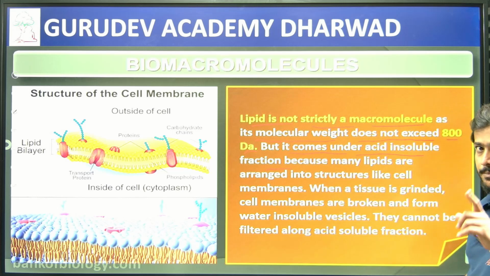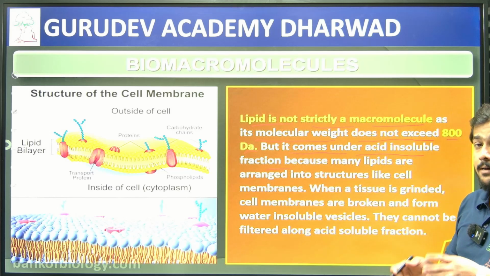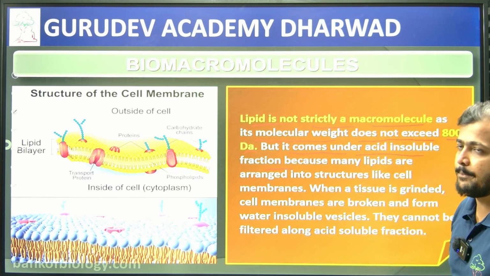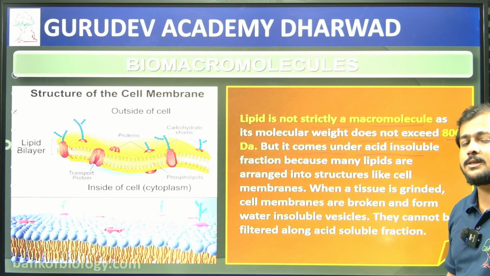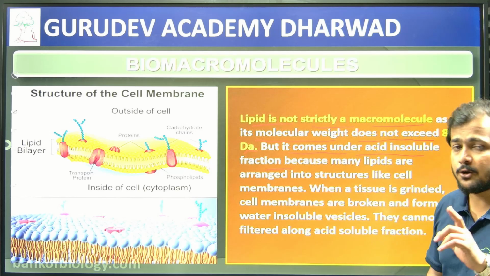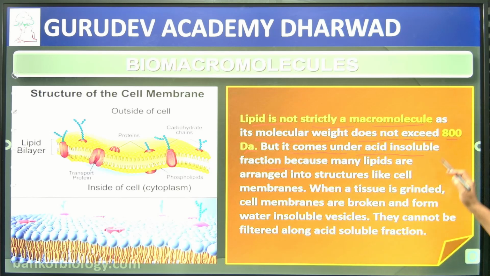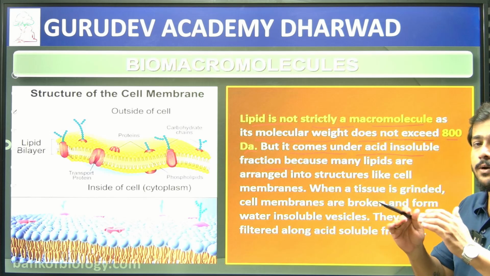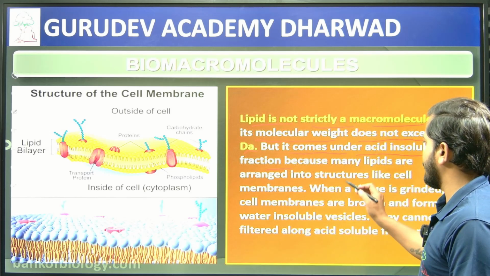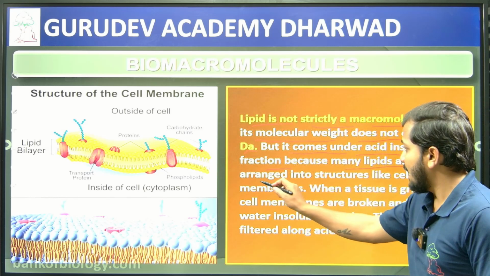So you should remember which component comes inside the acid insoluble fraction, that is nothing but lipid. But we cannot consider it a macromolecule. We should consider it a micromolecule, because its weight doesn't exceed 800 Dalton.